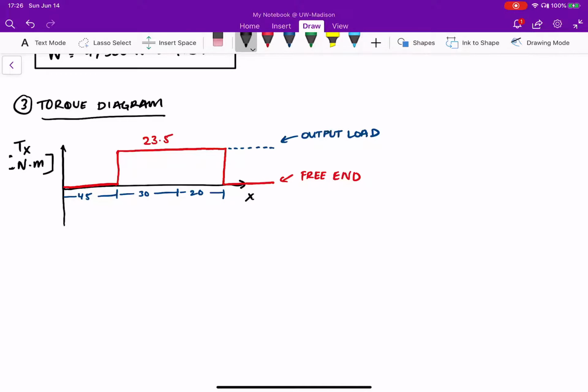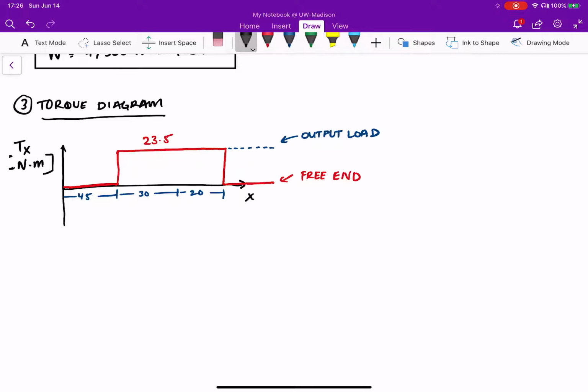Now it's only going to be one torque diagram because it's only rotation about one axis, which is X, as opposed to a shear and bending moment diagram. Those are in two directions because you have forces acting in two planes, but it's only rotating about one axis. So we only have one torque diagram.